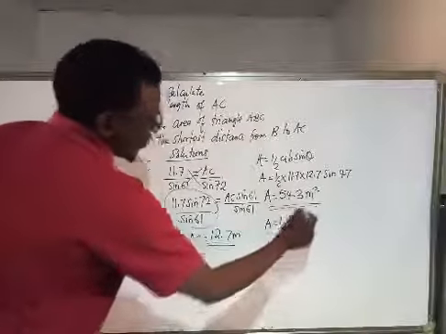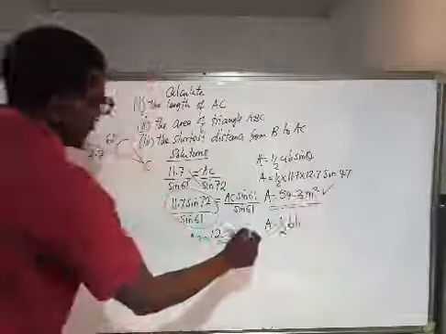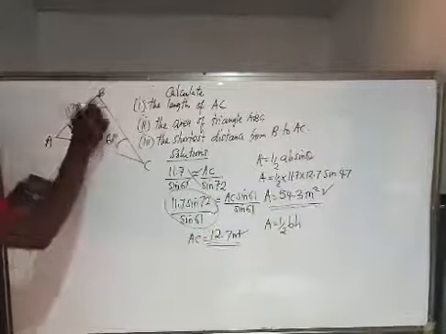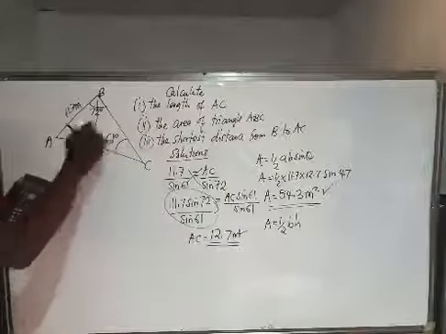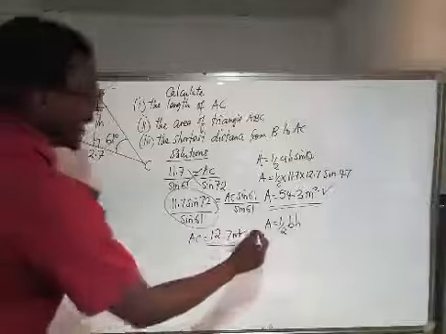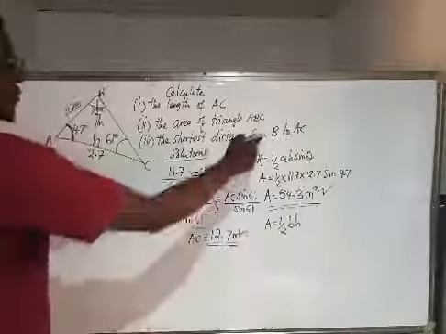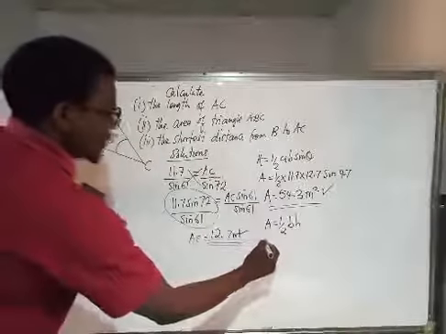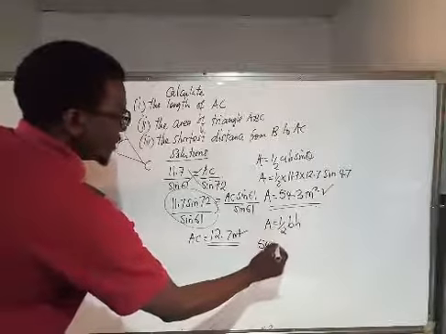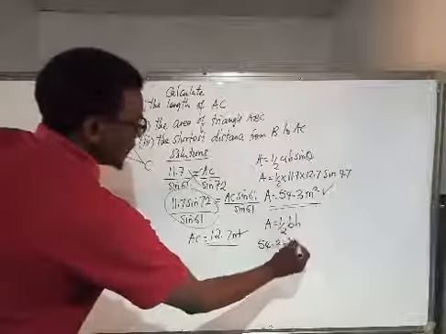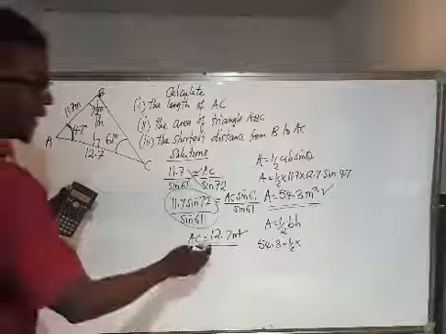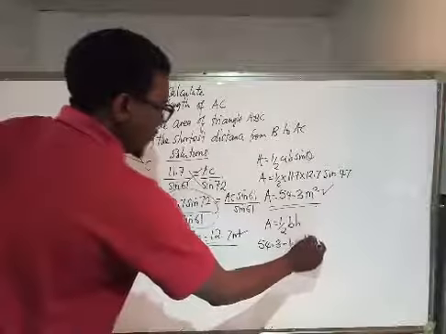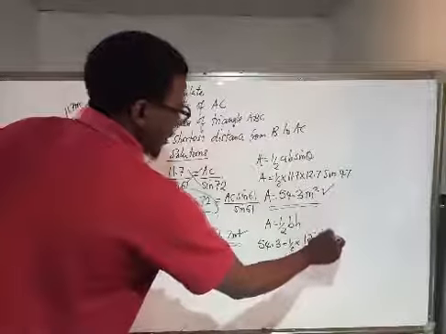Now, once you know this, to find the shortest distance, we use half base times height. We have the area, we have the base, AC. So we are going to say, what is the shortest distance? The height now. So our area is 54.3, half, our base is 12.7 multiplied by the height.